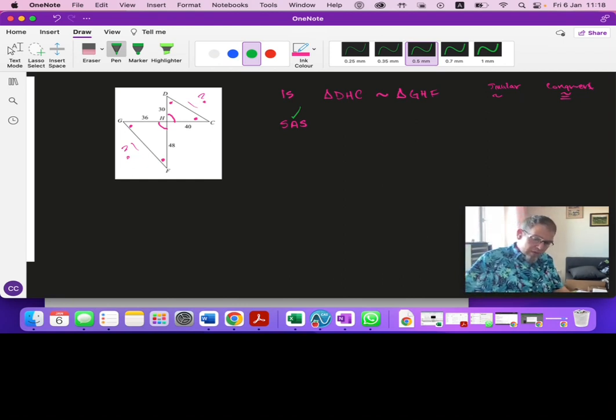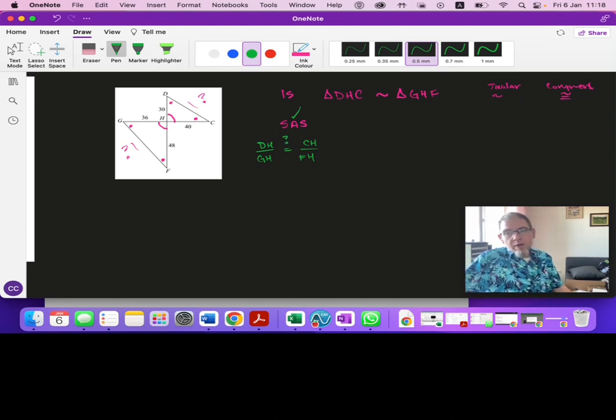So I'm going to set this up. Is DH divided by GH, the corresponding sides, the same as CH divided by FH? This is what we're testing.